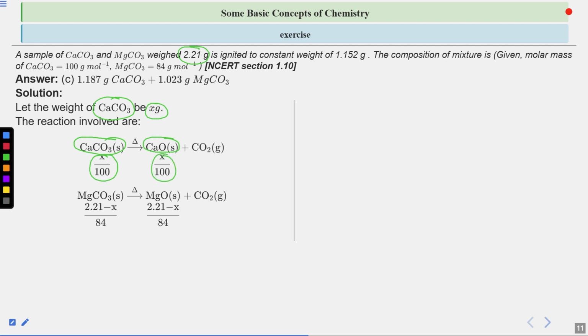Okay. The triangle is representing the heat. If we heat something, then we put a triangle upon the arrow to symbolize the burning, or the combustion.